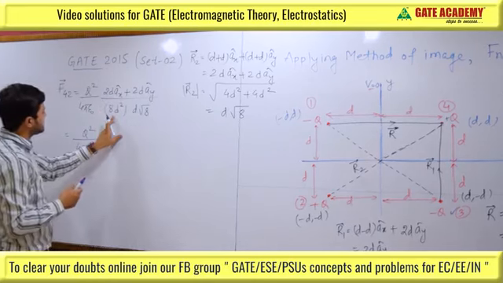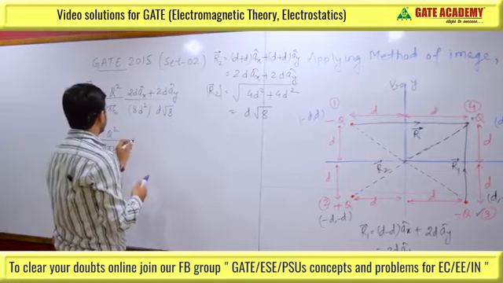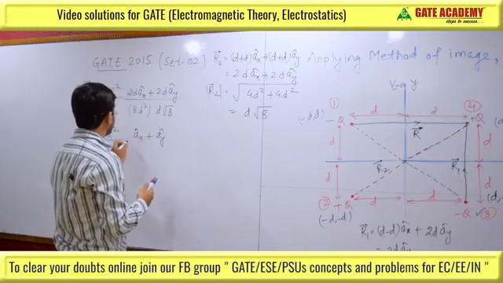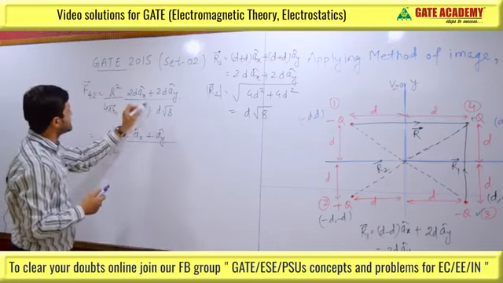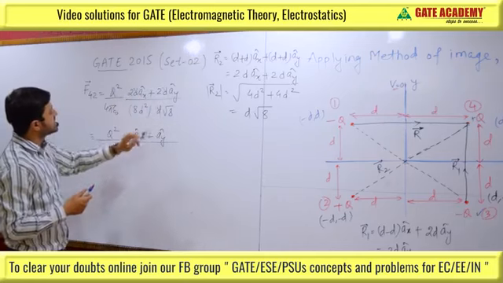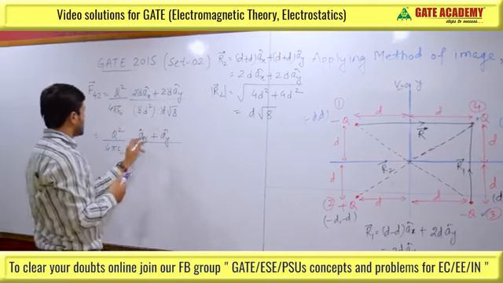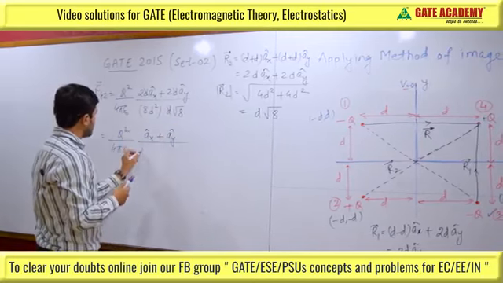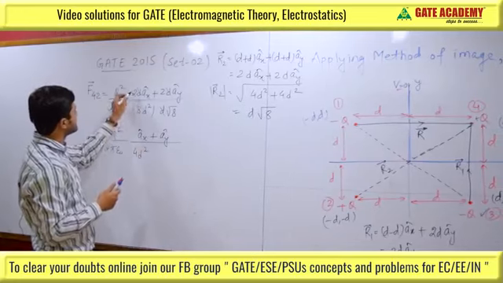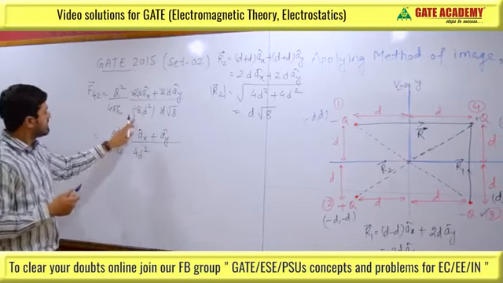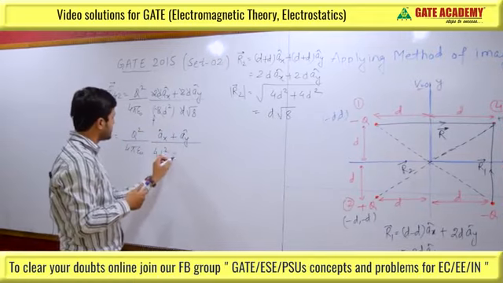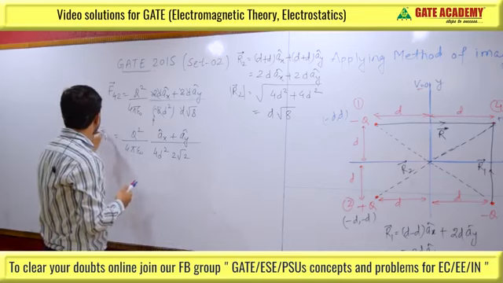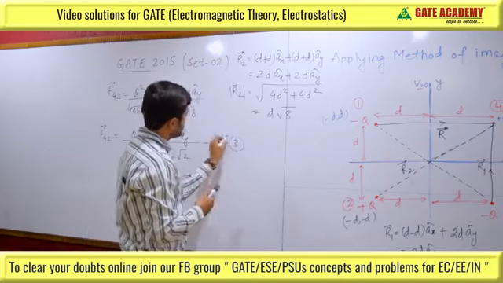So we will get ax cap plus ay cap, this d and d will cancel, and this 2 if we take common, we will get here 2 root 2, or we can write it as 4d square and 2 root 2. Put it as equation number 3.